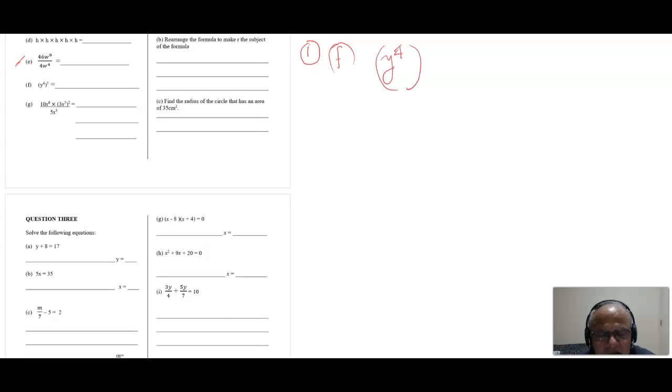I mentioned it in one of my discussions. These are power to power, and these are a little bit different kind of problems, and to sort it out, this is what I do most of the time. I'm going to repeatedly multiply y to the power 4.